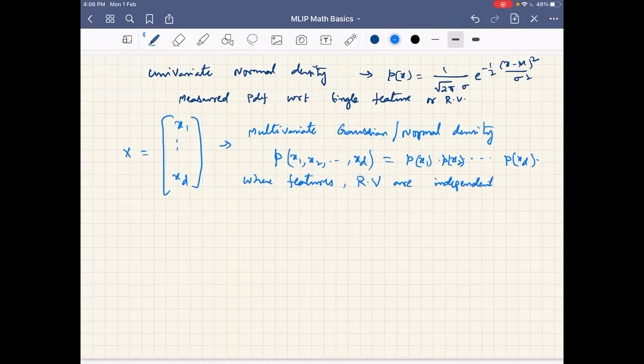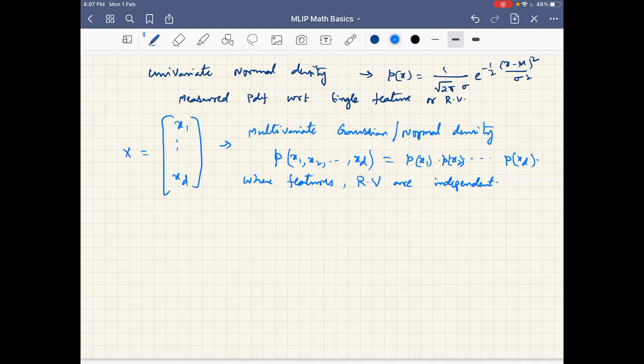We will write this first, and then we will see subsequently in the general case how the multivariate Gaussian density looks. In this case we can easily write it, because we know how to write the univariate Gaussian density, so we can extend that.